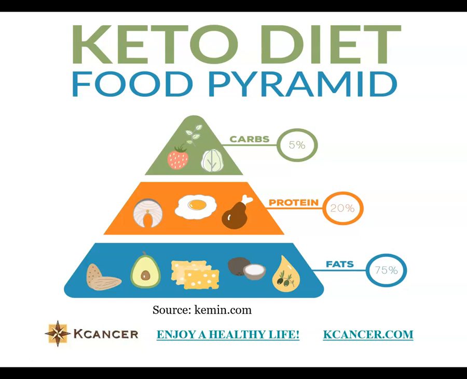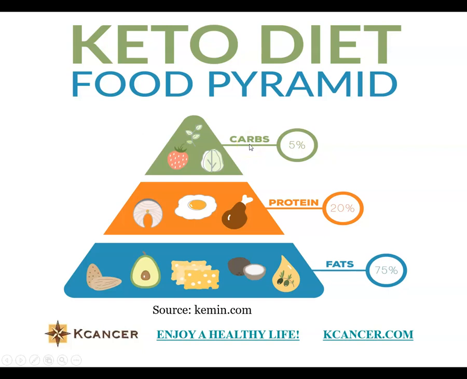But the keto diet requires high fat, moderate protein, and low carbs. So there is an ideal composition if we really want to practice the keto diet. Generally speaking, you need 75% fat, 20% protein, and 5% carbs.